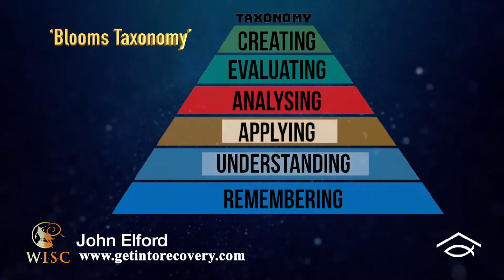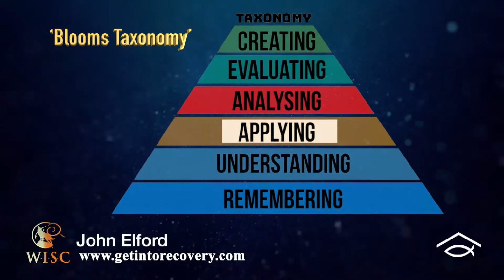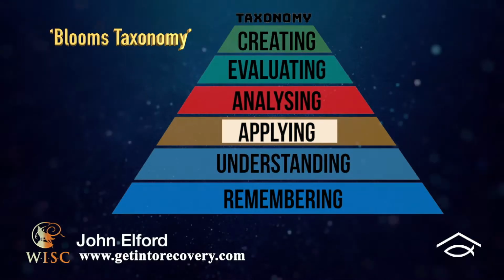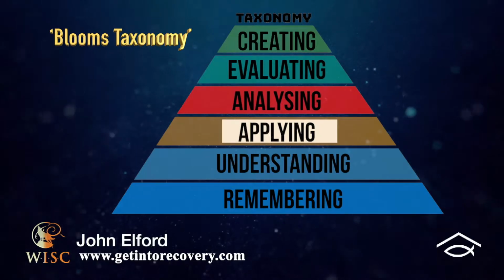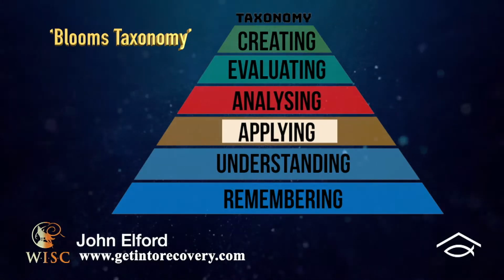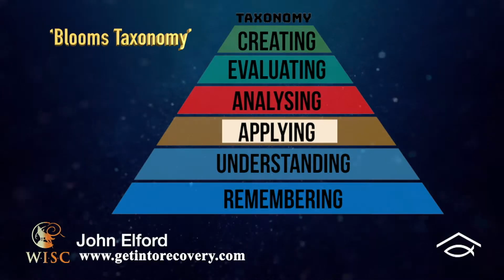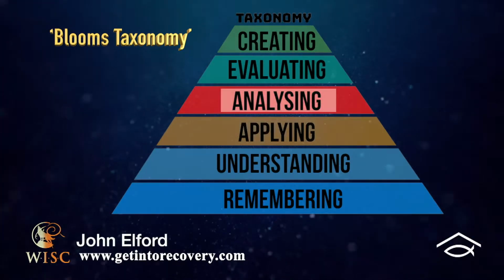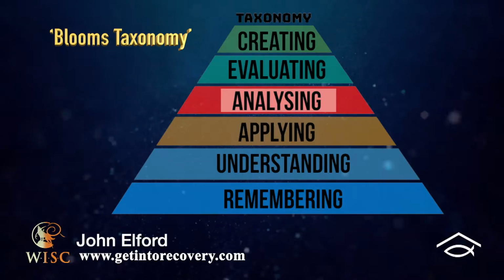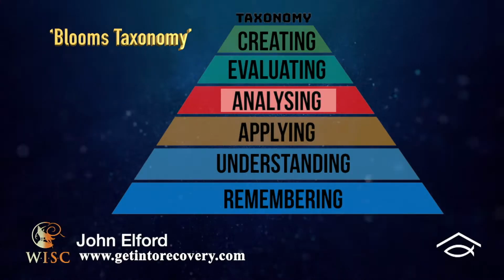The next level is our applying level, and that's simple to do. I might get someone to do something as simple as write something on the board, or give me an example of something within the context of the step. Our next level is the analysing level, and in particular this works really well when we do big book studies.